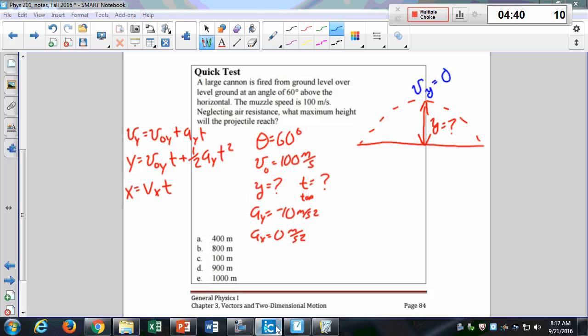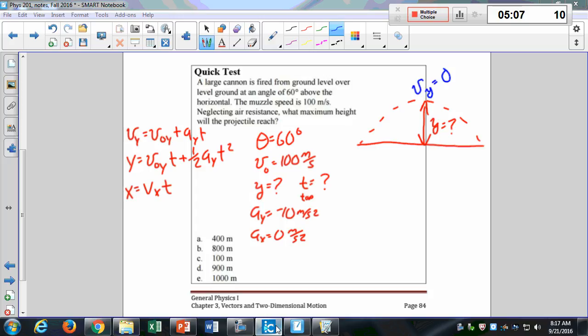It's going to be 100 times the sine of 60. Sine of 60 is 0.87, so this is going to be 87. And I know what a y is, negative 10. So I can solve for t at the top of the trajectory. This is 0, this is 87, solve for t.